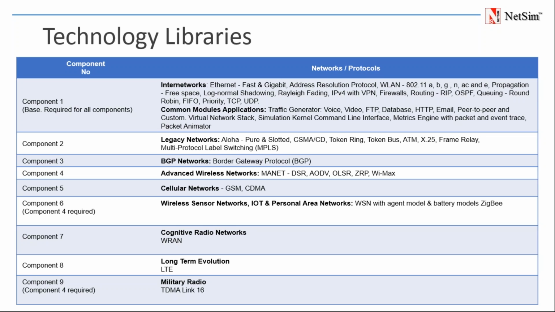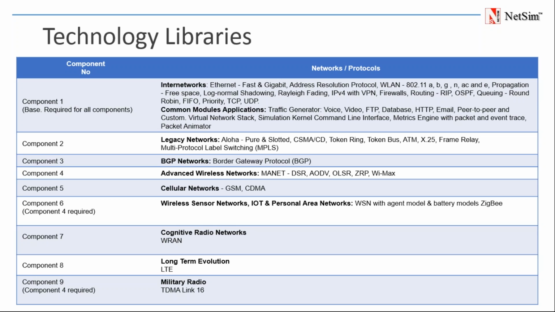In component 2, it consists of network based legacy technologies, legacy networks, that is LOHUB, CSMA/CD, token ring. Then component 3 is BGP network, border gateway protocol. In component 4, it is advanced wireless network, that is MANET and WiMAX.